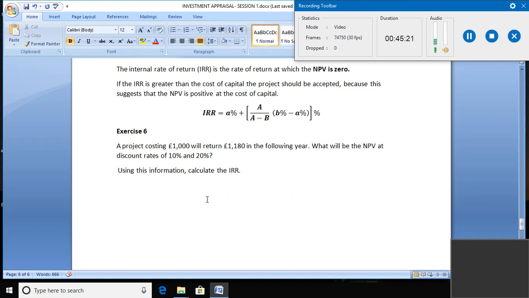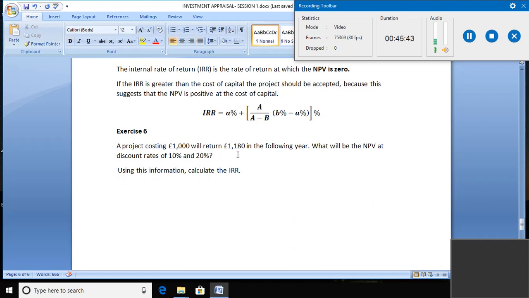A project costing 1,000 will return 1,108 pounds in the following year. What will be the net PV at a discount rate of 10% and 20%? Then using this information, calculate the internal rate of return.